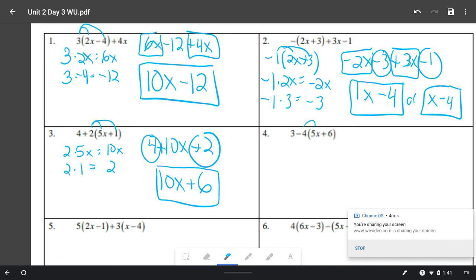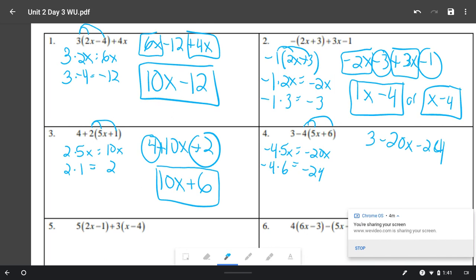The next one, if you distributed correctly, that would be negative 4 times 5x, negative 4 times 6. So we'd get negative 20x, and we'd get negative 24 when you use your calculator. If we write that in order, variable comes first, constant goes last, but there was something in front. There was a 3 in front there.